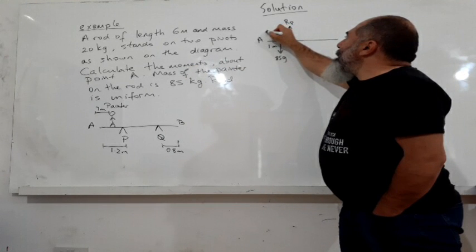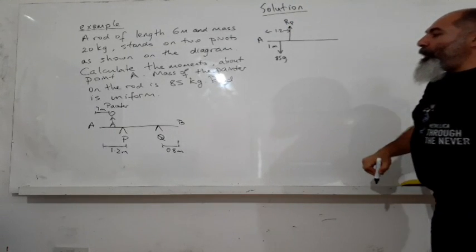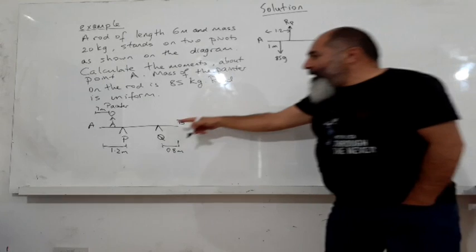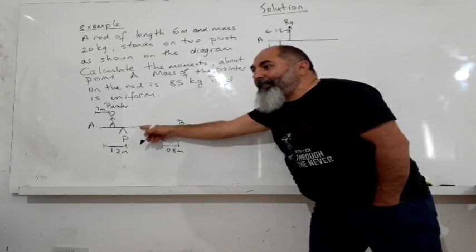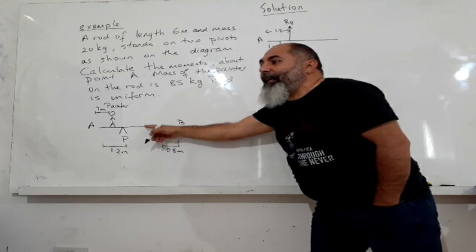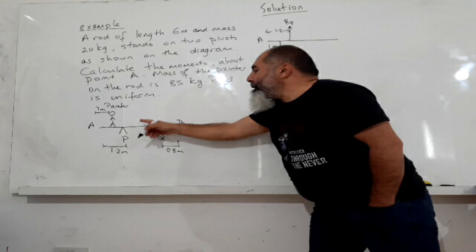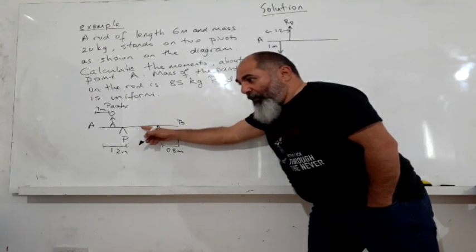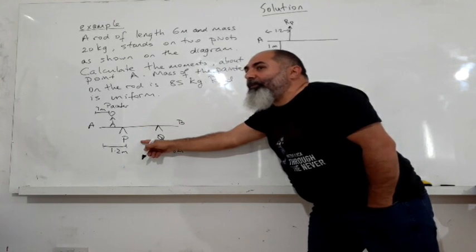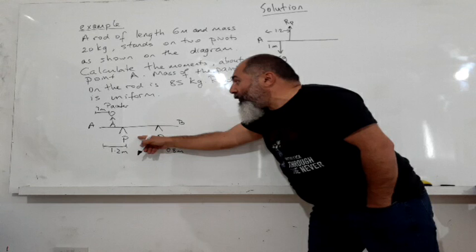We have another force here from the midpoint of the rod. It is the mass times the gravity, so it is the weight of the rod pointing downwards from the midpoint of the rod. Why from the midpoint of the rod? Because it is uniform. If it is uniform, the weight is at the midpoint.